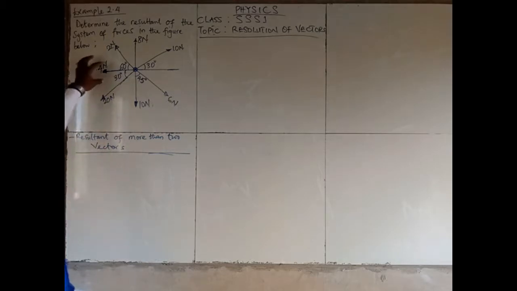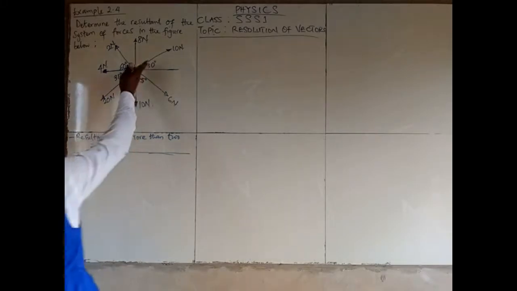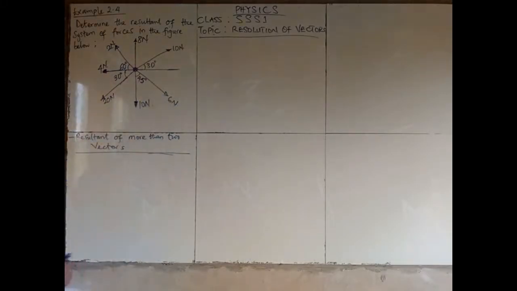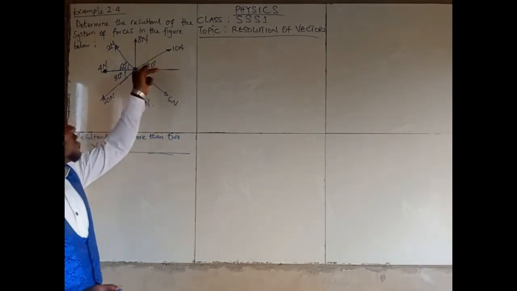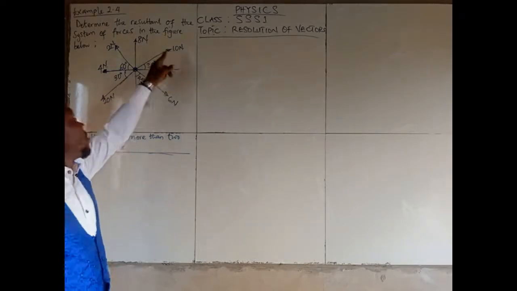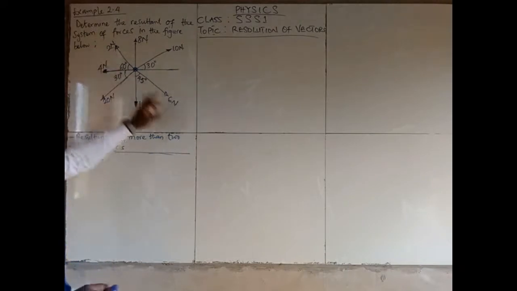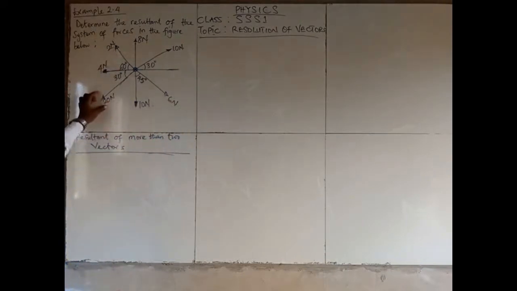The same is applicable to 4 Newton, already aligned to the x-axis. While other forces like the 10 Newton here make an angle of 30 degrees with the horizontal. So we need to resolve this 10 Newton, this 2 Newton, this 6 Newton, and this 20 Newton, because they don't belong to any of the axes.